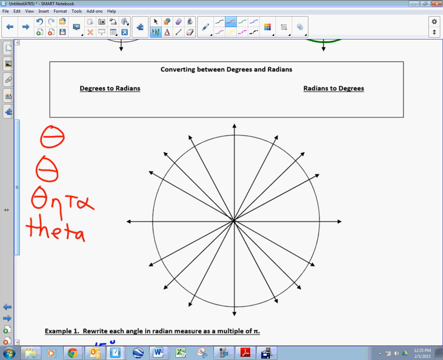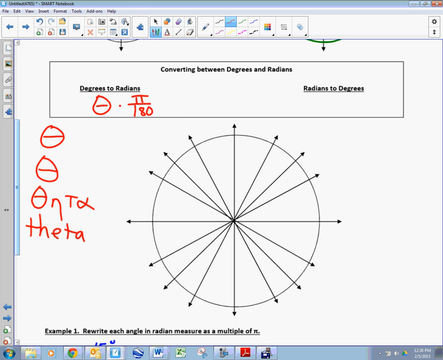So theta is what we use. As we want to go from degrees to radians, theta times, and we're going to convert to radians. Radians have a pi in it, correct? So pi radians is how many degrees? 180.